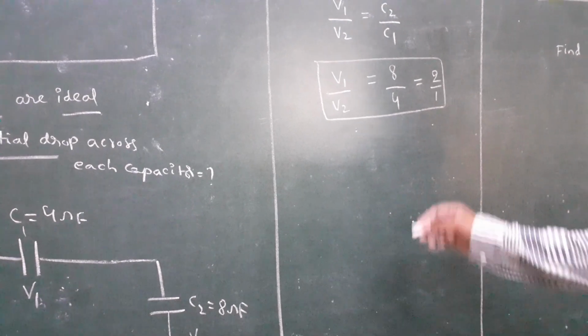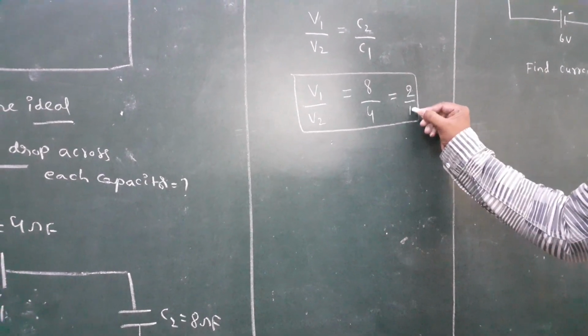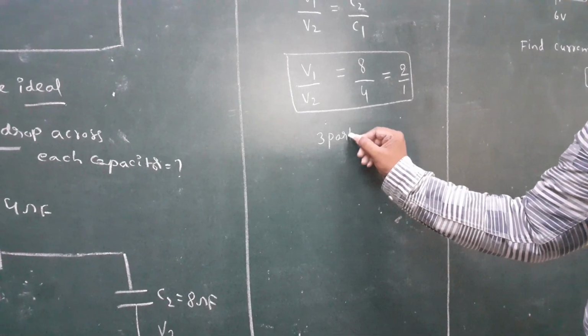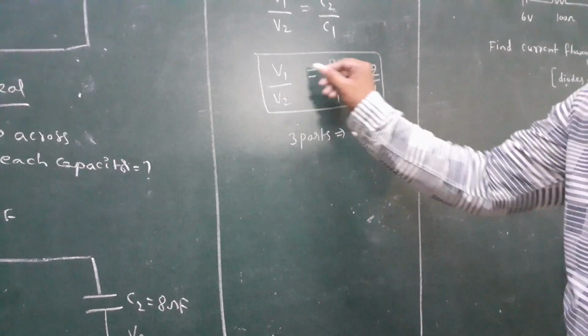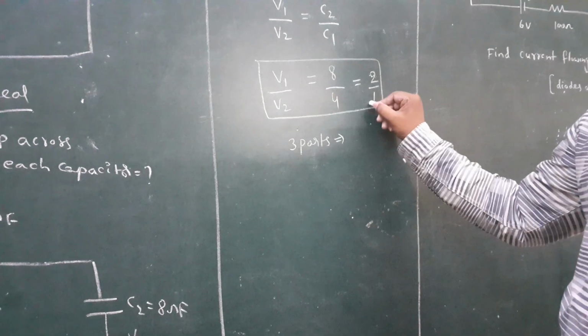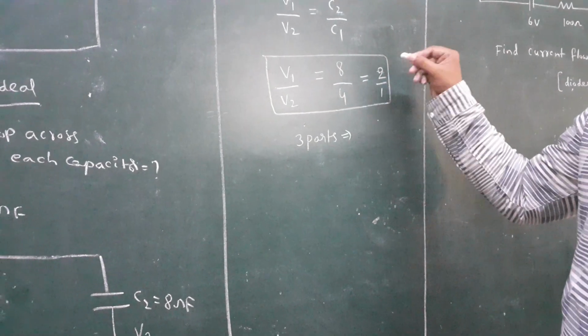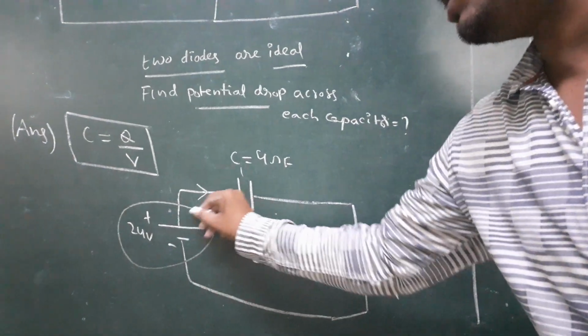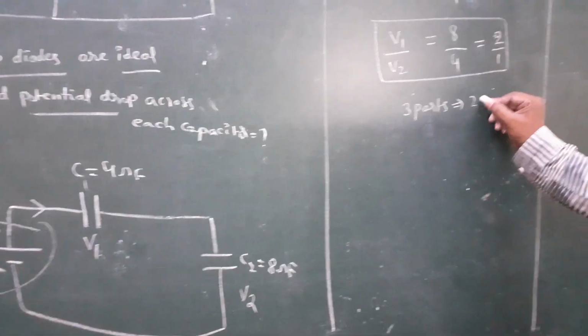Here V1 and V2, 2 plus 1, what is the total? 3 parts. Total voltage is 3 parts. Once again, V1 is 2 parts, V2 is 1 part. For 3 parts, in the given circuit what is the total voltage given? 24 volts is given.